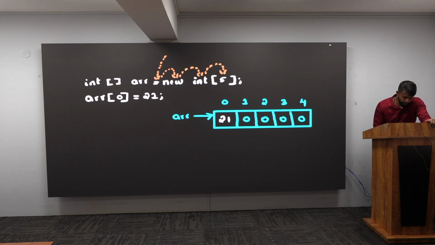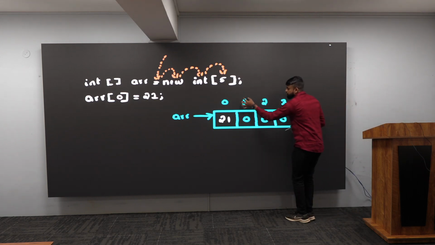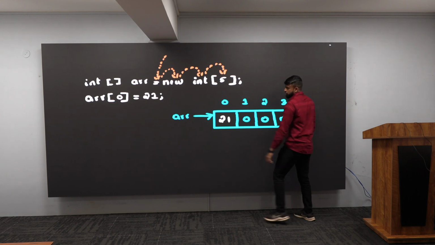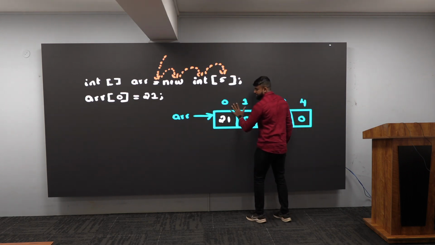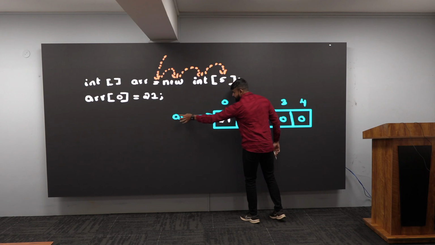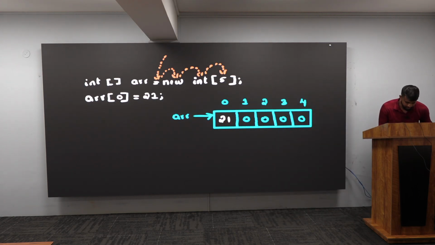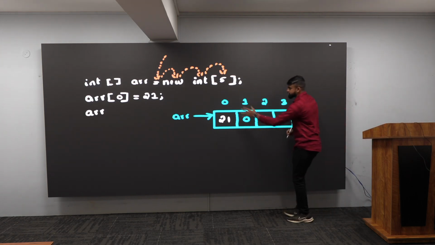Next, I have to do the same thing for the second student also. Second student means he is the 1. If I have to reach 1, how will you go there? First you should reach this array, and for that you should use ARR. I will write ARR, which means you will reach here.